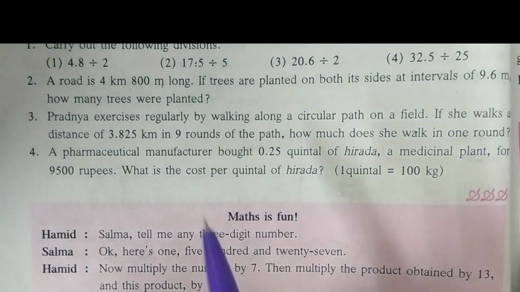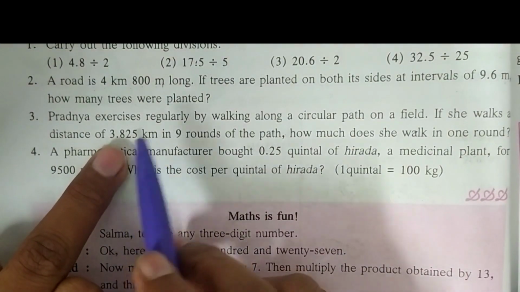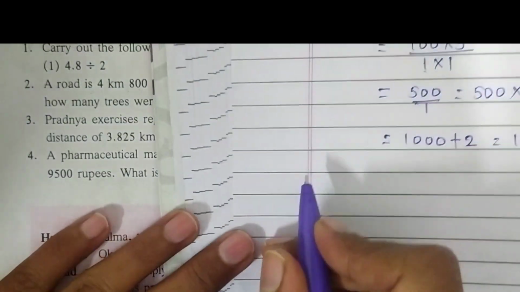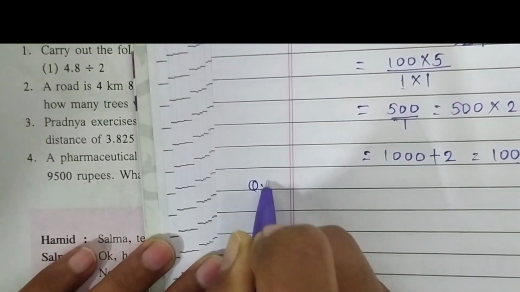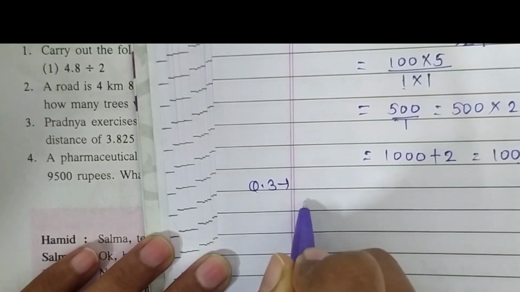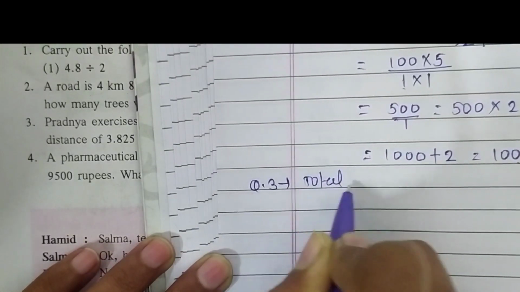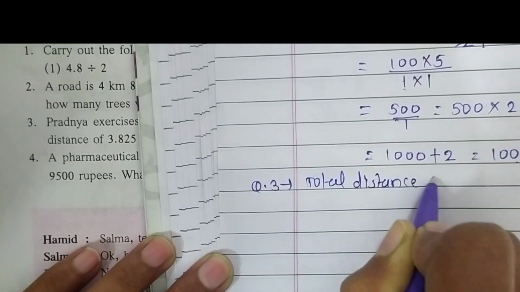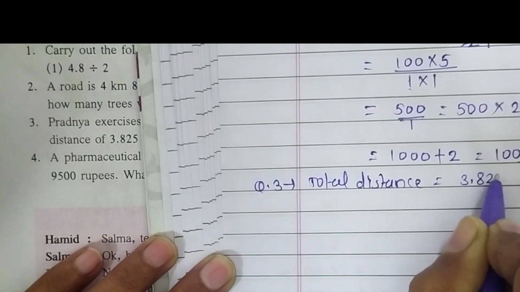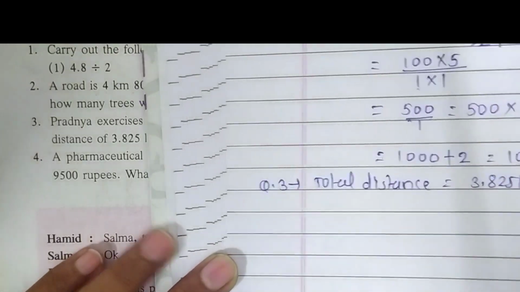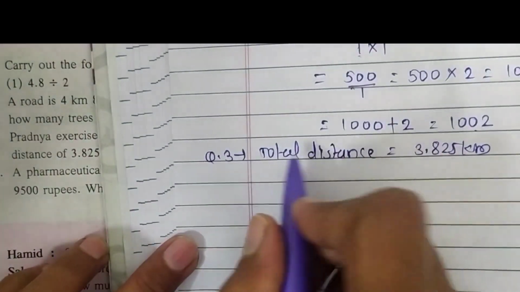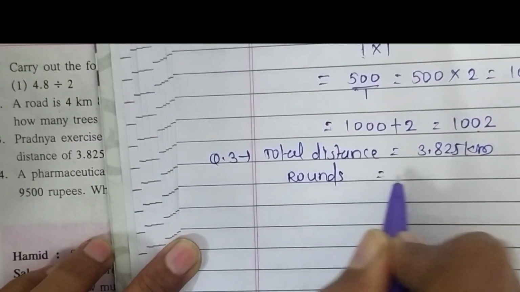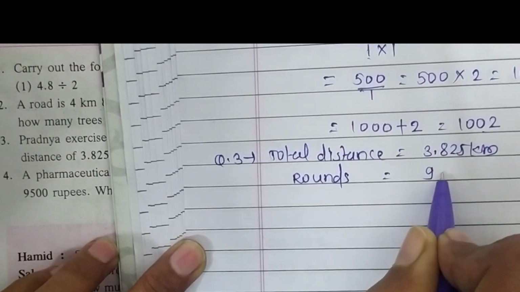The total distance covered by Pradnya is 3.825 kilometer, and there are 9 rounds.